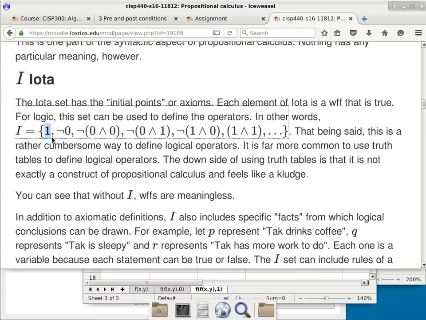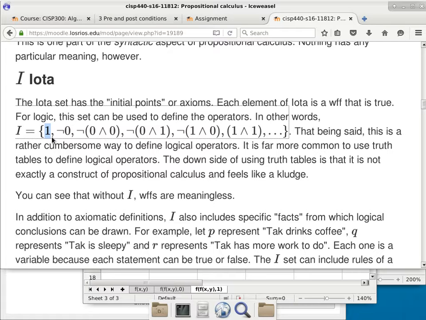Don't ask me why those things are true, because they're just by definition true. So what I do here is I say 1 is true. So instead of spelling out true to be true, I now choose to use the simple 1 to mean true. Well, I want 0 to mean false, but yet I cannot say what is false. But anything that is not false is true. So if I say the negation of 0 is true, I'm also basically saying 0 itself is false.